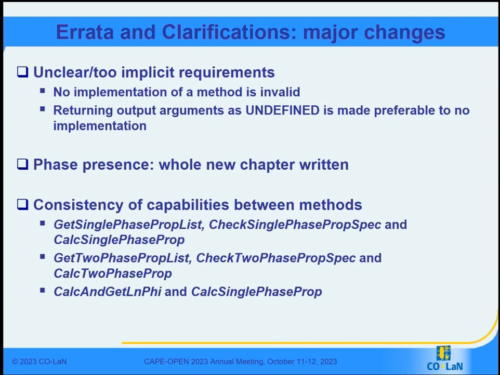A simple example of that is whether or not the PMC, in our case the property package, may raise a not implemented exception. This raises a question: is such an implementation a valid implementation? Should it be considered as consistent or not?